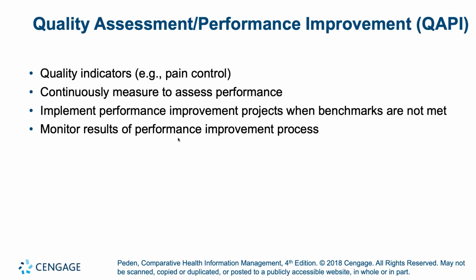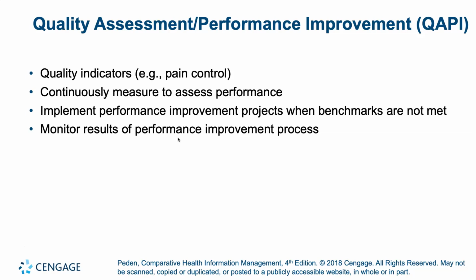Wow, that moved quickly. All right, so quality indicators, because again, you're wanting to make sure that their pain is very well controlled. Measuring to assess performance and improving performance, having performance improvement projects where you can show benchmarking and improvement, and monitoring the results of what you're doing.